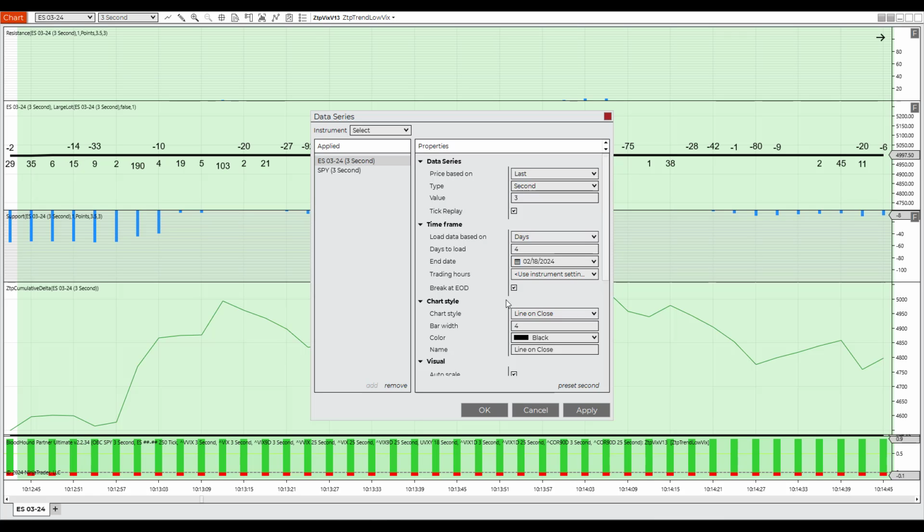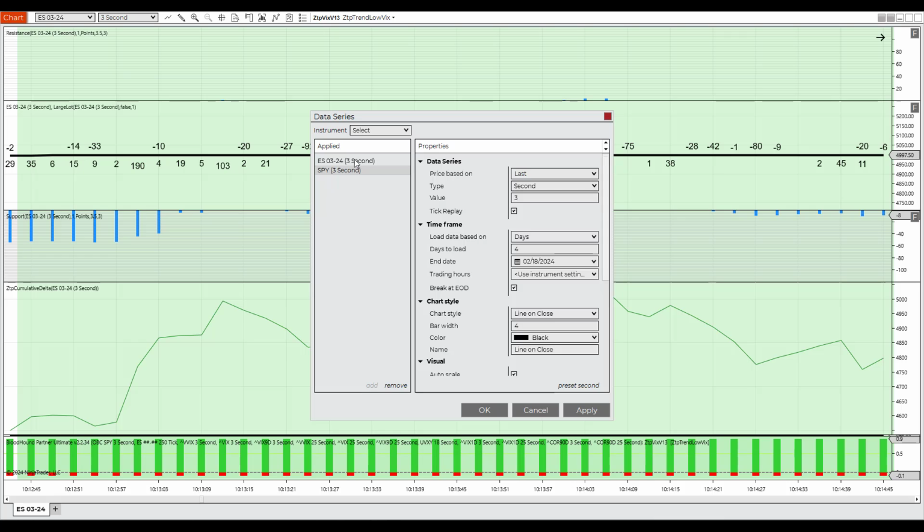And what is important is that we have a chart style of line on close, made the bar width a 4, and for the SPY, again, make sure that it is set to 3 seconds. You can do a line on close, that's not going to matter, but also go ahead and check tick replay.